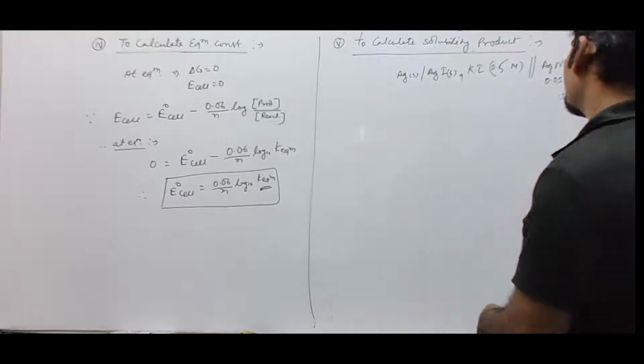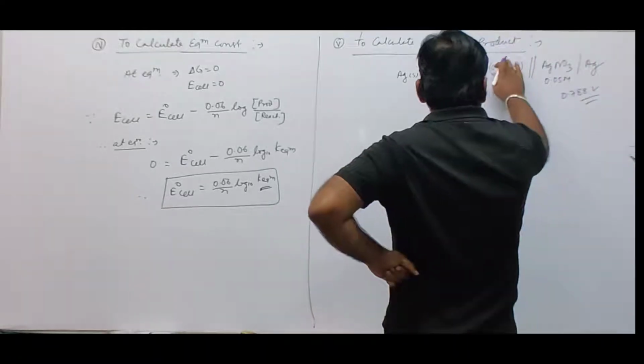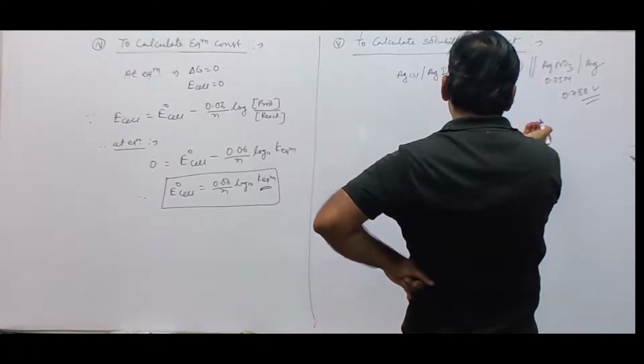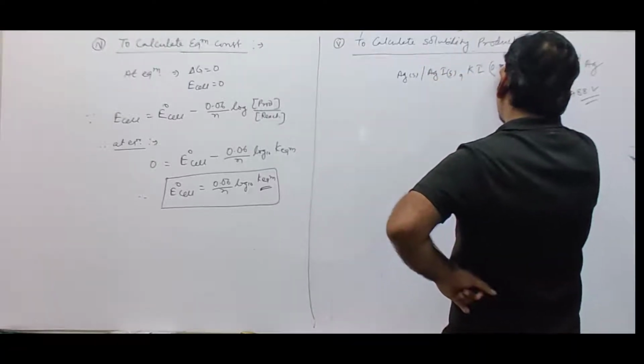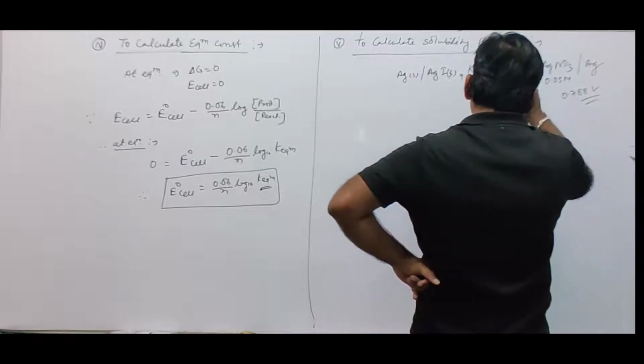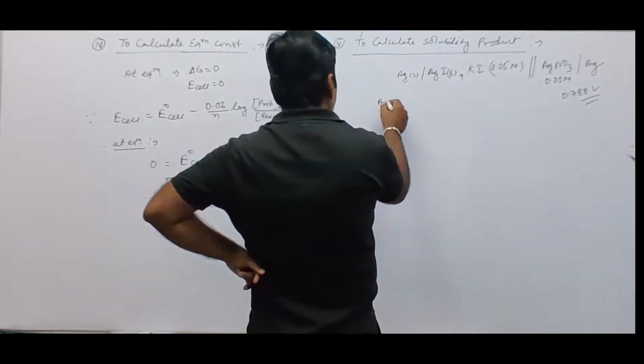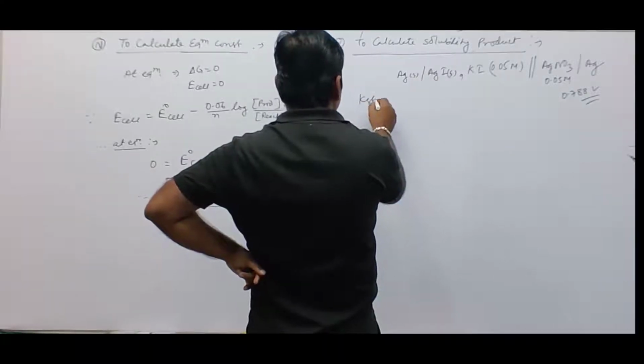See now, if it is given 0.5 molar or 0.05 molar, any concentration you can take. So for convenience, we will take similar concentration, 0.05. The question is to find out the Ksp of AgI.